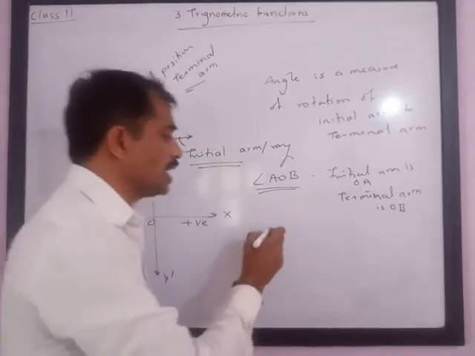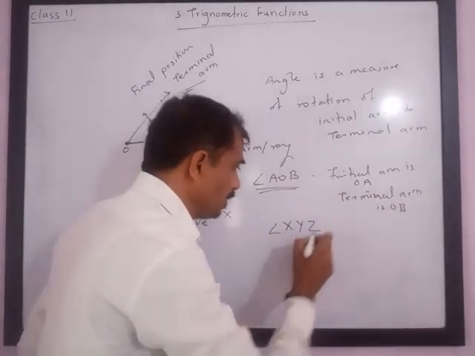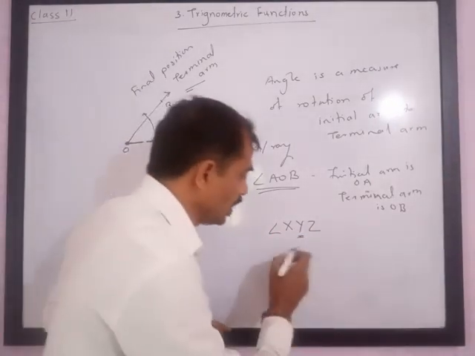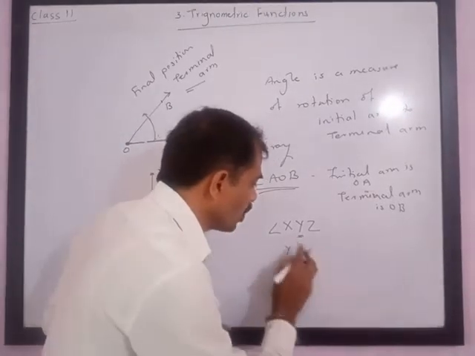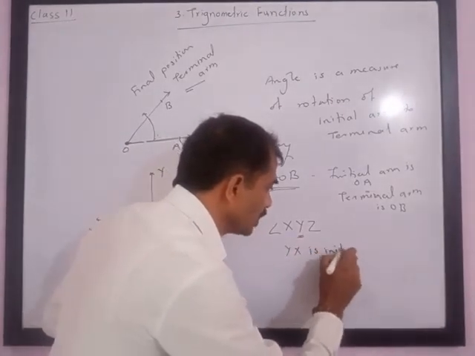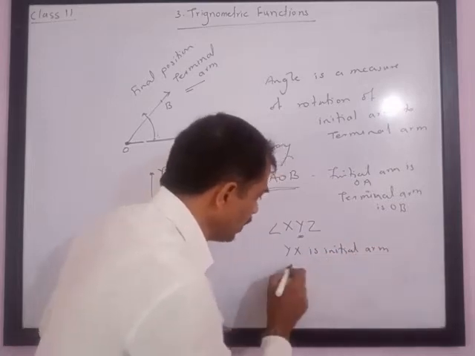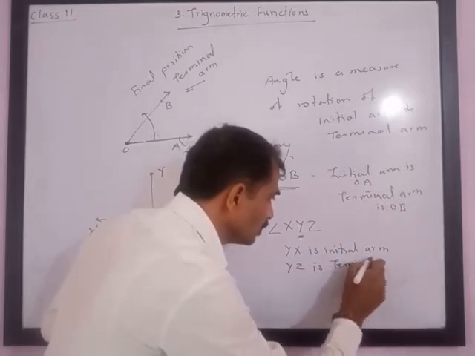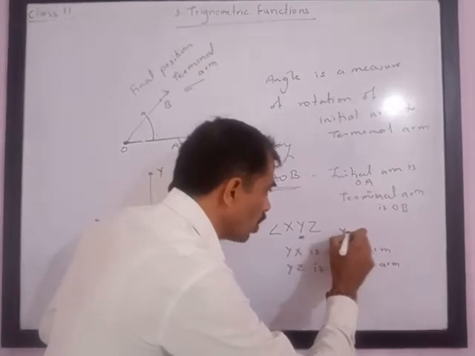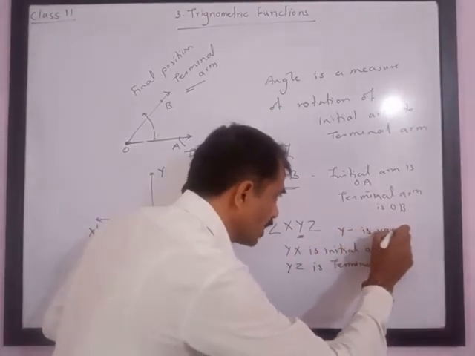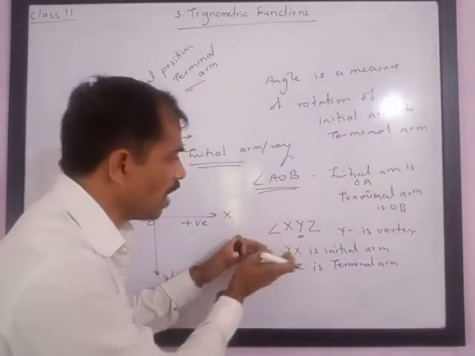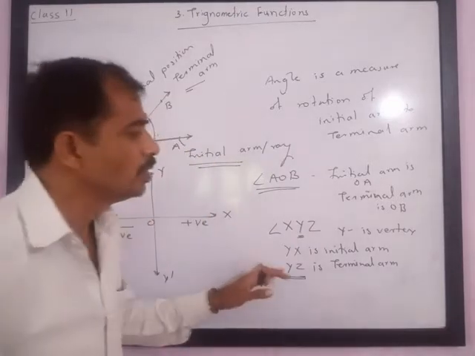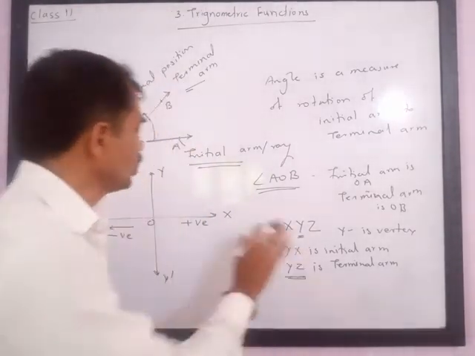When we say angle XYZ, please note, the middle letter is called the vertex, YX is the initial arm, and YZ is the terminal arm. Y is the vertex. It means ray YX is rotated about vertex Y up to the terminal arm YZ. So this is what it means.